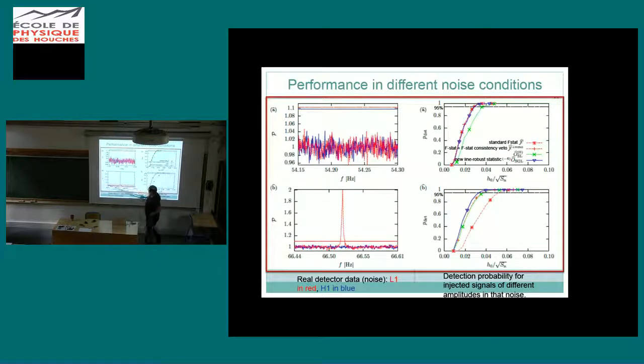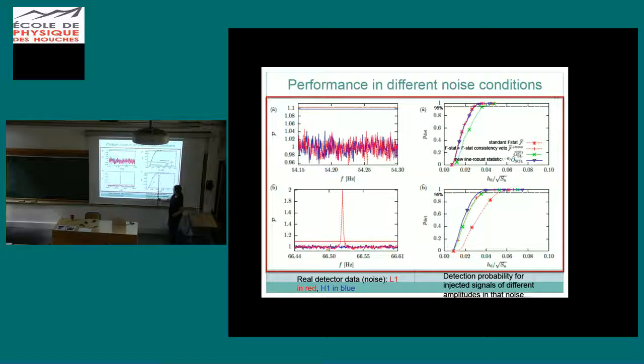Okay, here's instead a case where one detector has noise that's well behaved, but the other one has a coherent disturbance. And this is a situation where, when you look at the detection efficiency, the standard detection statistic efficiency is degraded with respect to our line robust detection statistic.